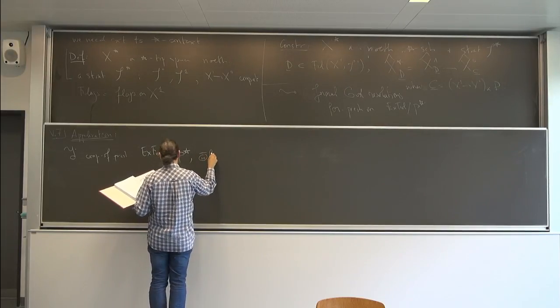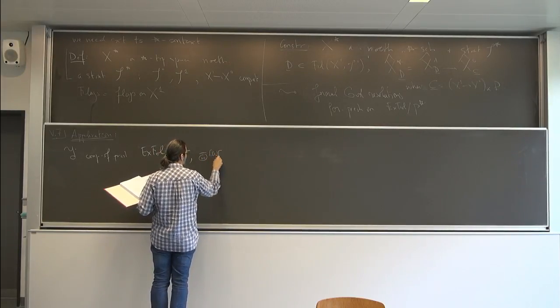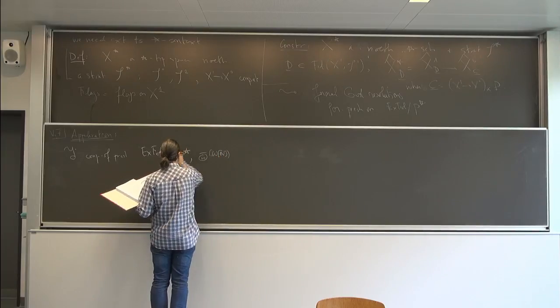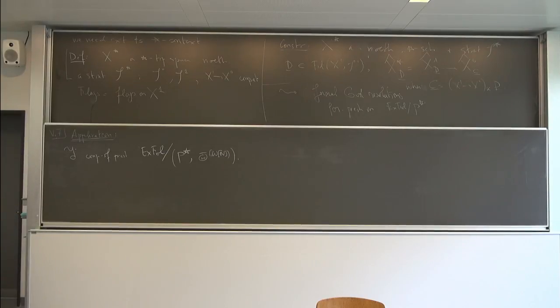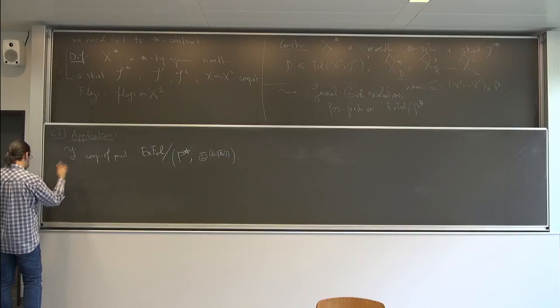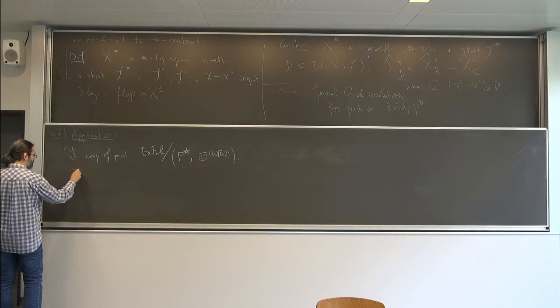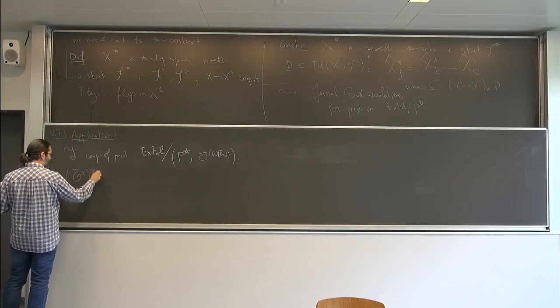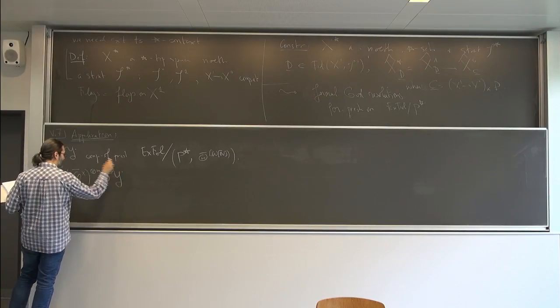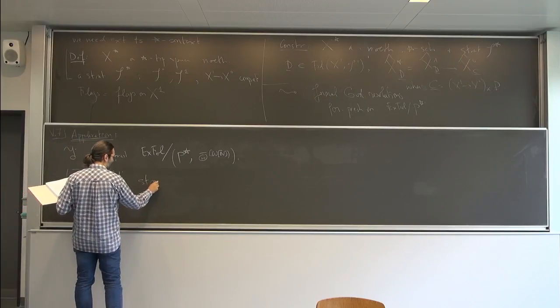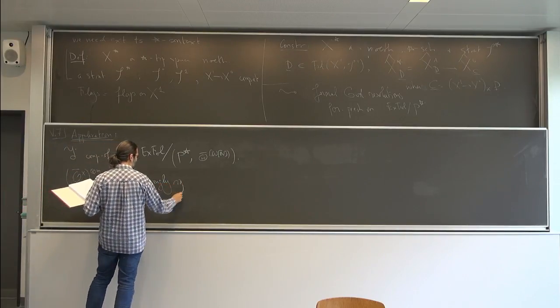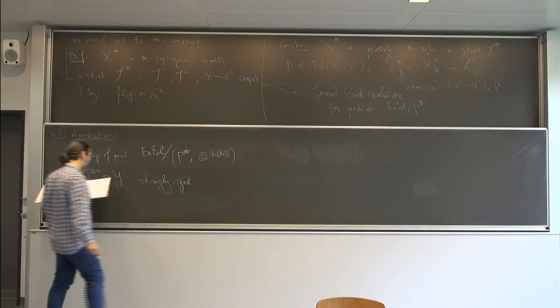And we have seen last time that if we take O star tensor with some power and tensor with this, then what we get is strongly rigid. This is what I explained last time.